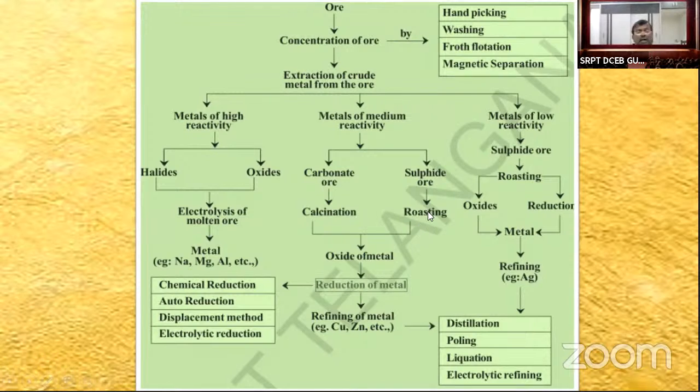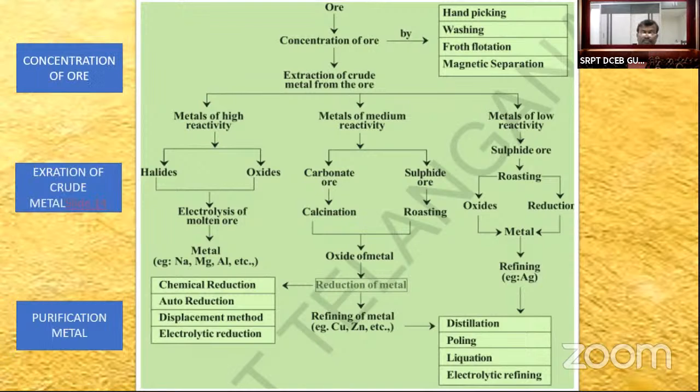You will learn all those things in detail in due course of the class. From this oxide form, these two are converted into oxides, as I told you earlier. Then they are reduced to the metals by means of chemical reduction, auto reduction, displacement method, and electrolytic reduction.